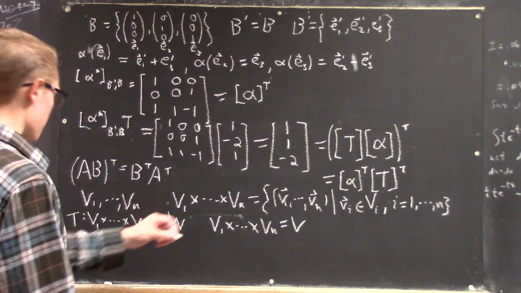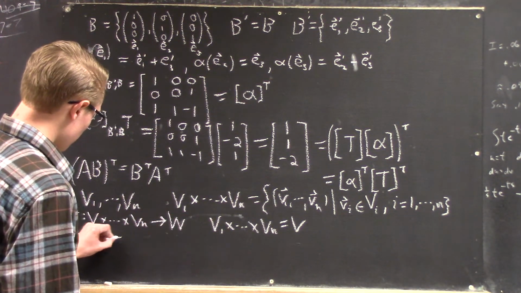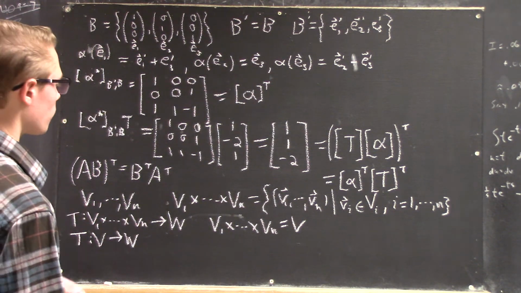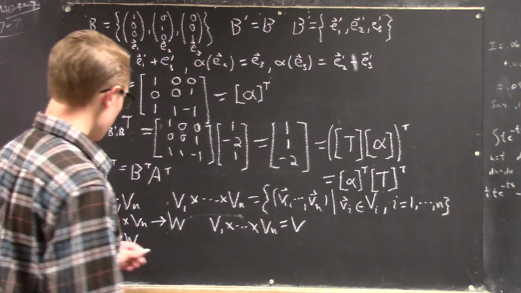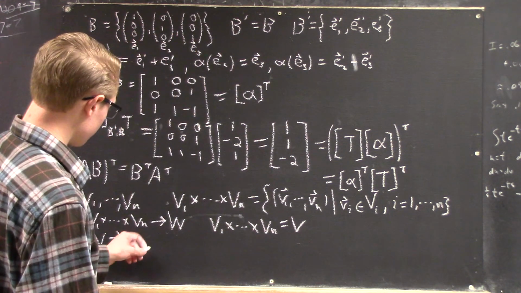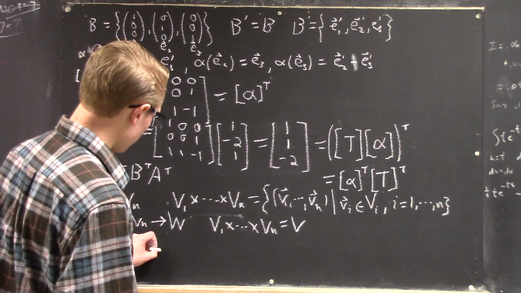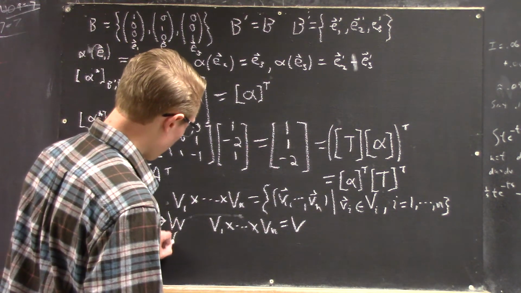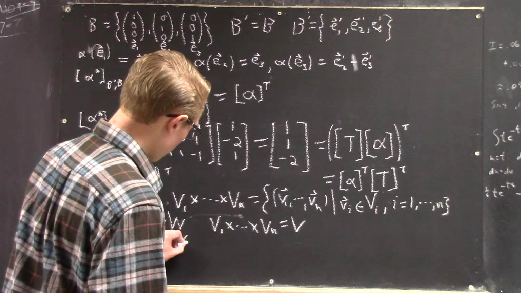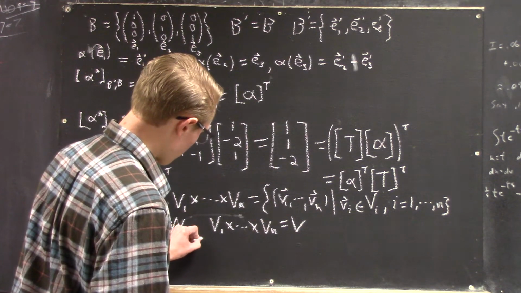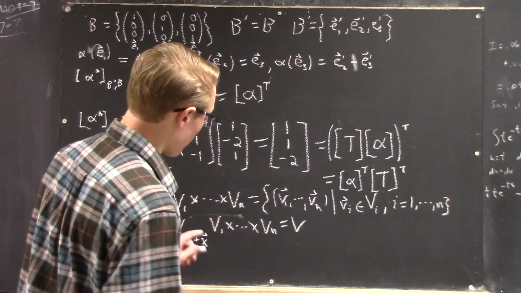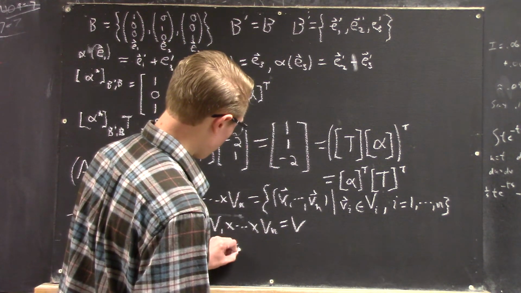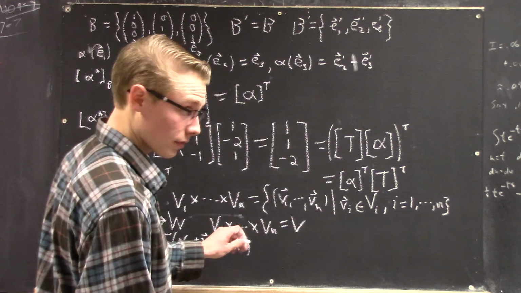Well, if we apply this transformation from V to W, suppose we have T of V1 plus some other vector x, all the way to Vn.